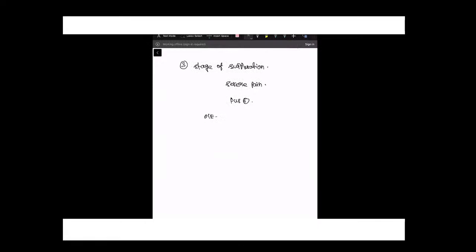On examination, there is going to be a red, congested, bulging of tympanic membrane, which is ready to burst or tear.